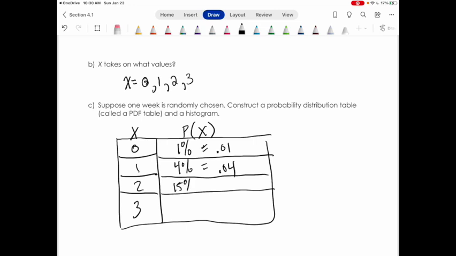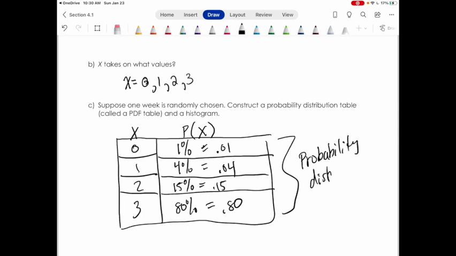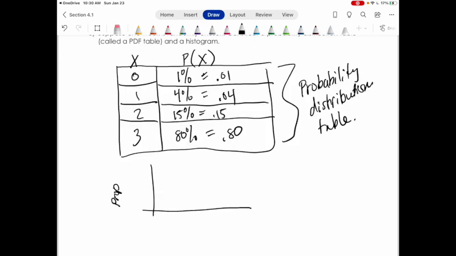Then if we look at the probability of her attending class twice a week, that's 15%, which is 0.15. And then 3 times a week would be 80%, which is 0.80. So here's our probability distribution table. Okay, now let's use it to make a histogram.